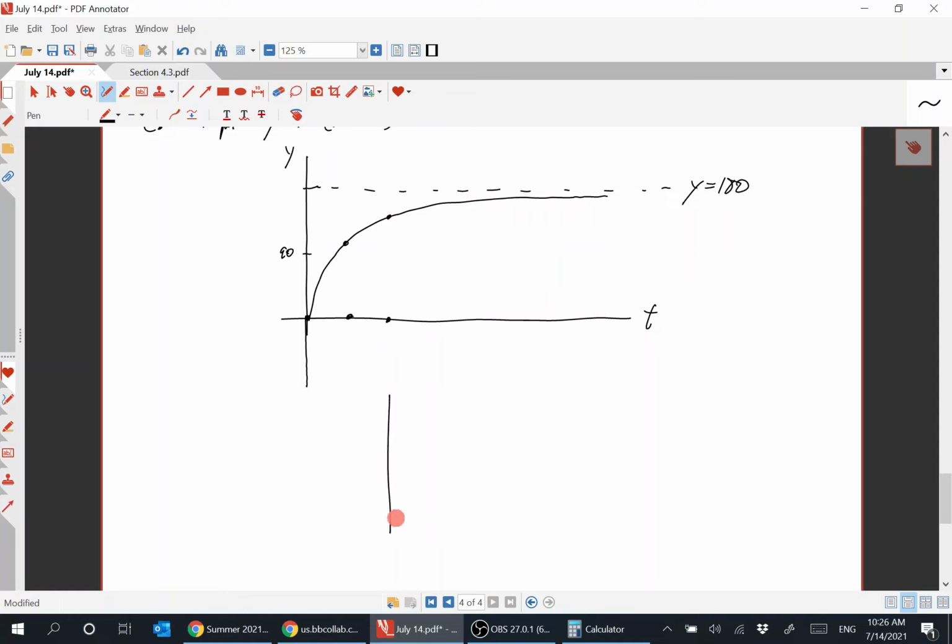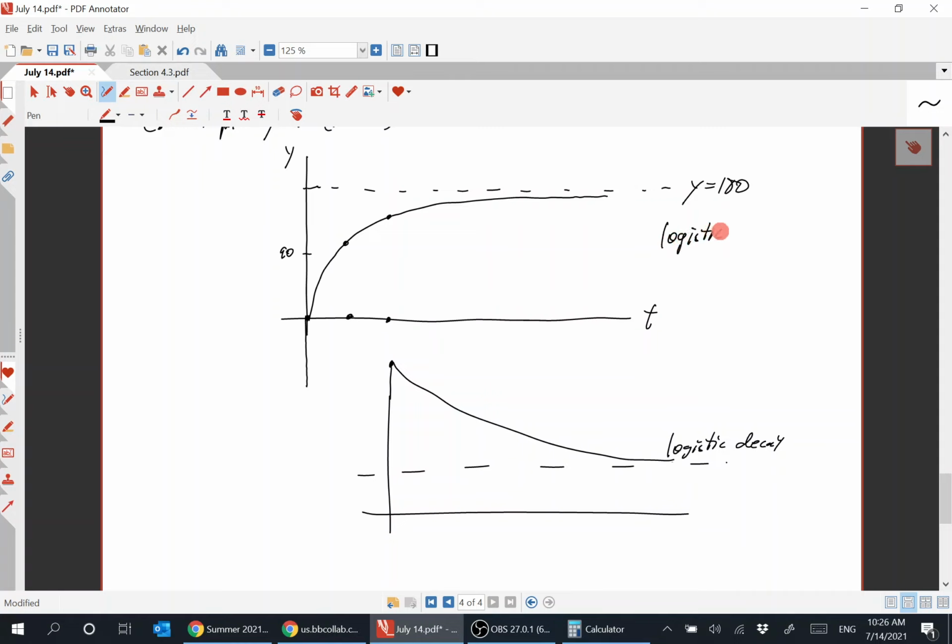Logistic decay, you have a horizontal asymptote here, and then some initial quantity there, and it looks like that. This is logistic growth. And this is logistic decay.